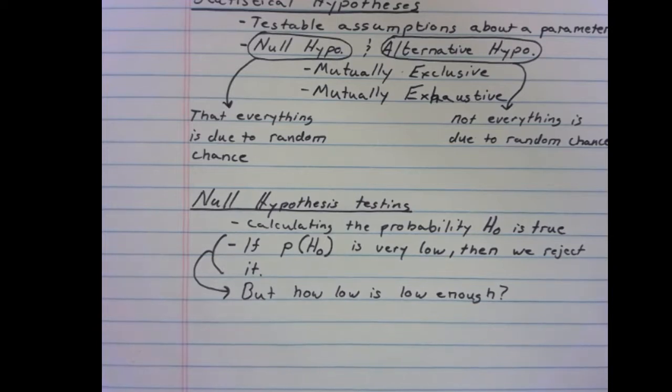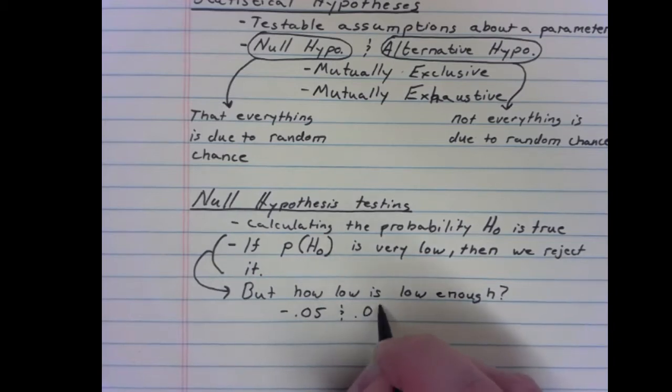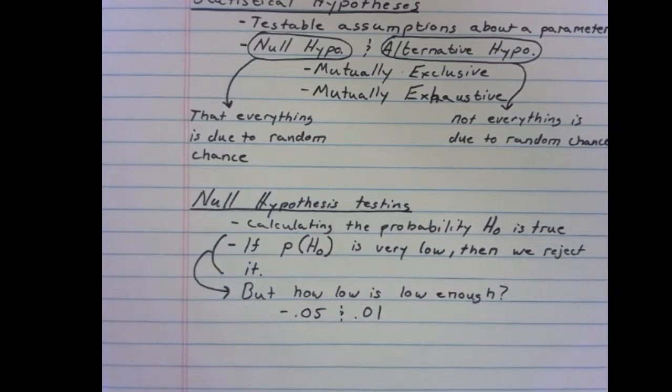However, the common decision rules, or alpha levels, the probability below which one would reject the null hypothesis, that are typically used are 0.05 and 0.01 in the behavioral and biological sciences.